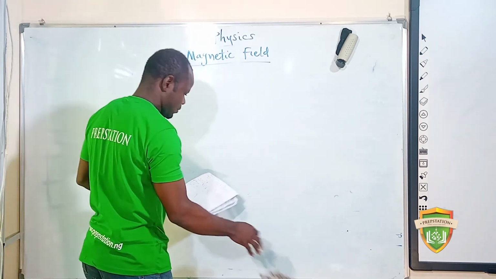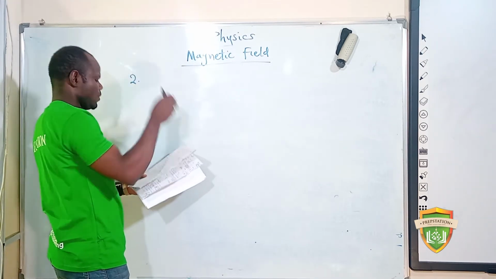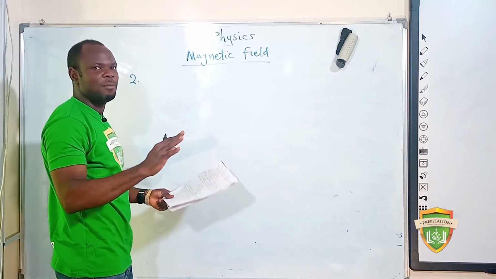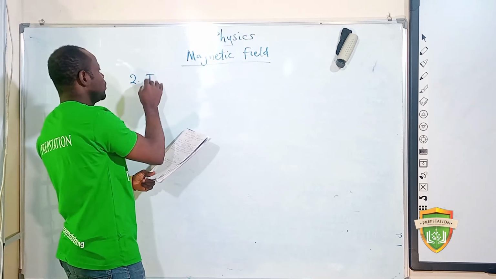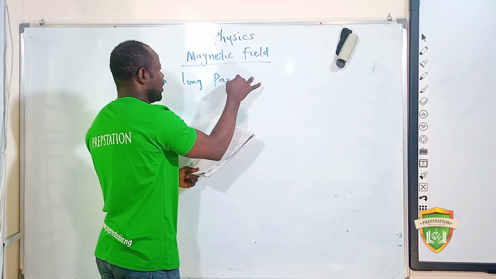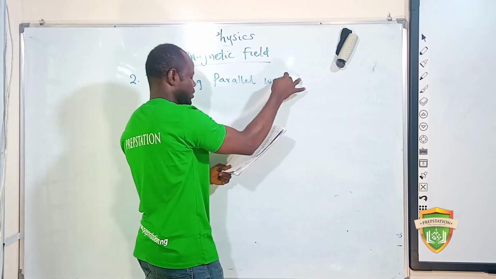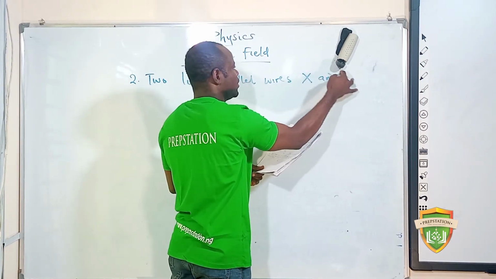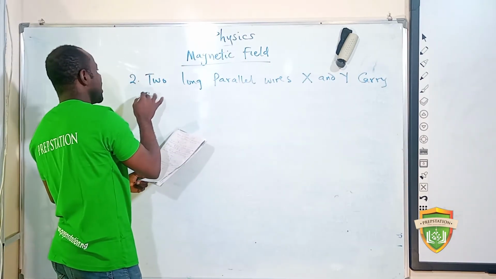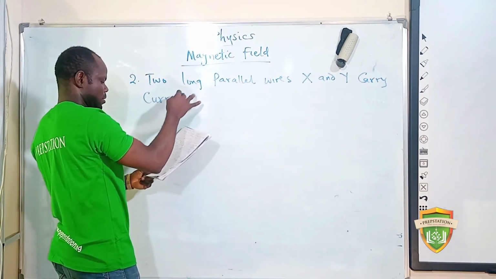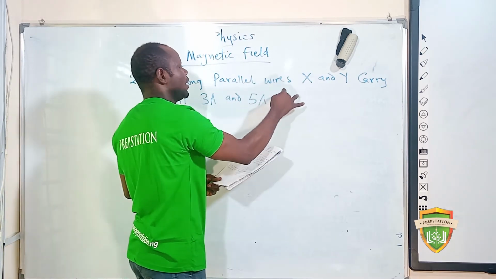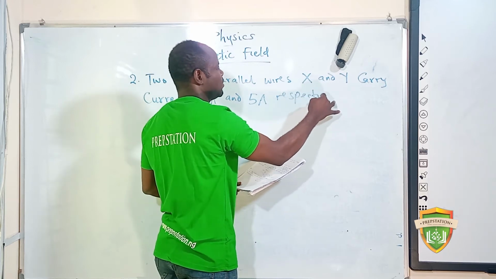Number 2. It said 2 long parallel wires. This question is very technical but very simple. 2 long parallel wires, X and Y, carry current 3 ampere and 5 ampere respectively. What does that tell you?